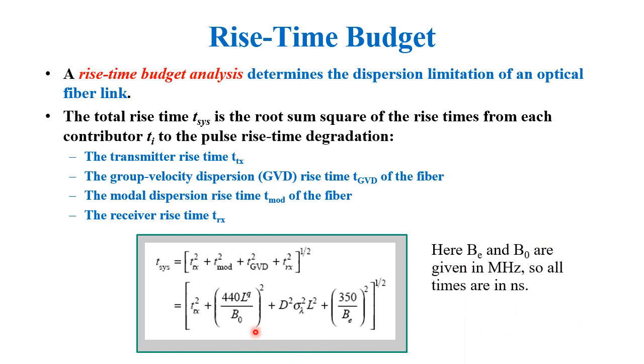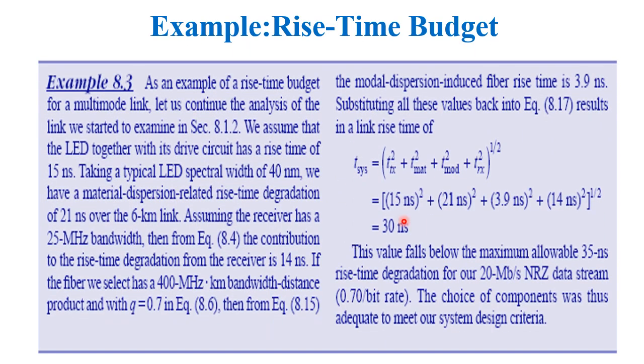Here we'll be using two constants, V naught and V, which are given in terms of megahertz. So the rise time will always be in nanoseconds. This is an example for rise time budget. This is the given statement.